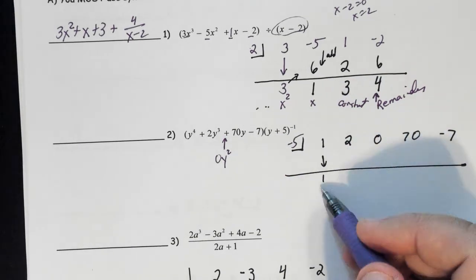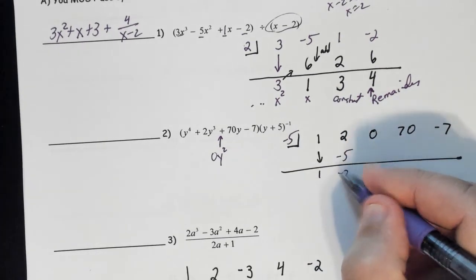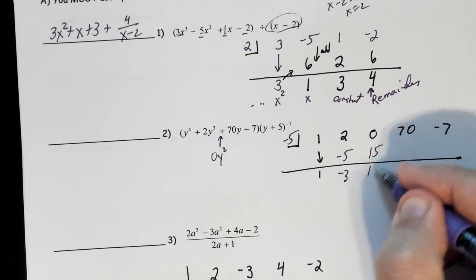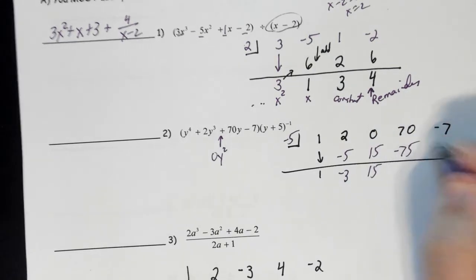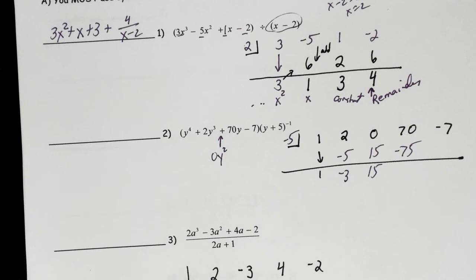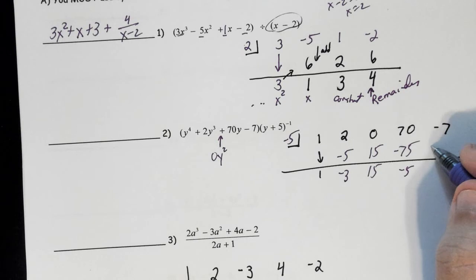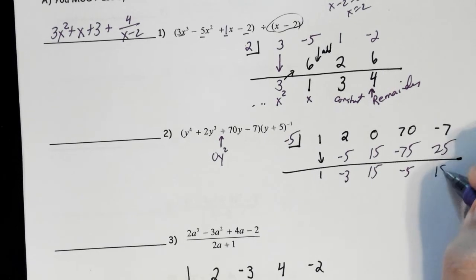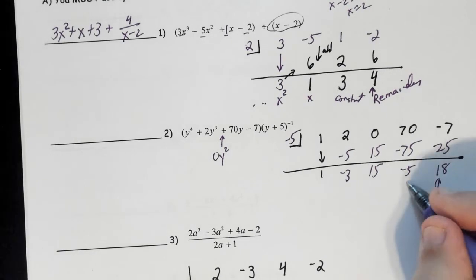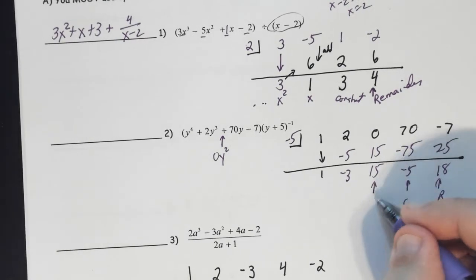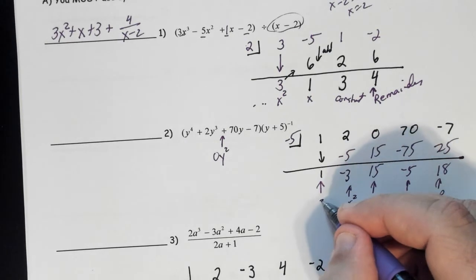So we brought the 1 down, now we multiply by -5, and we add. We multiply, that's 15, and we add. We multiply again, I believe that's -75, and we add, which is -5. And then 25, which is going to be 18. So remember: remainder, constant, x, x squared, x cubed.